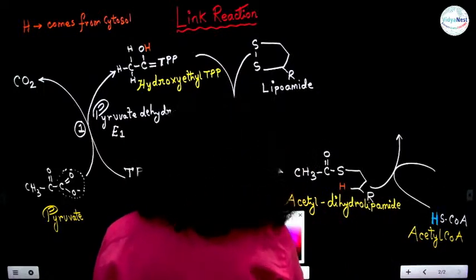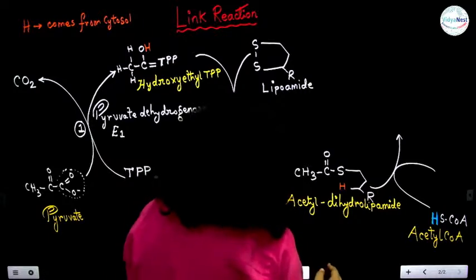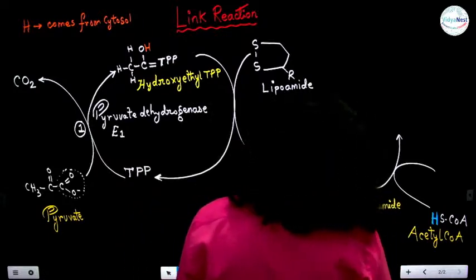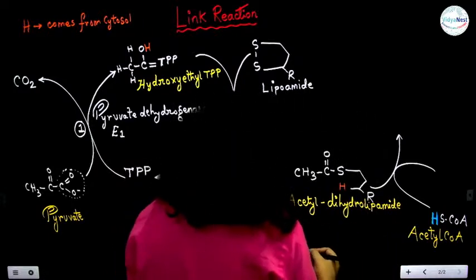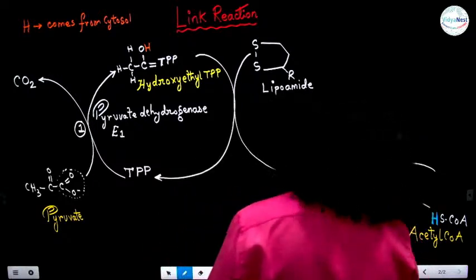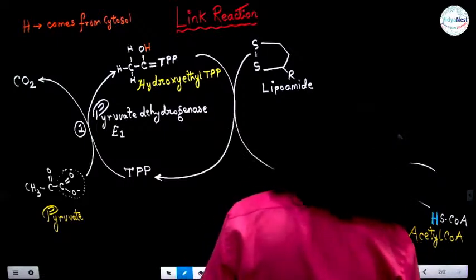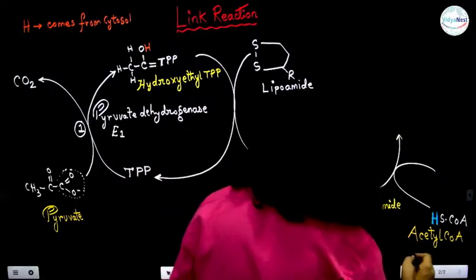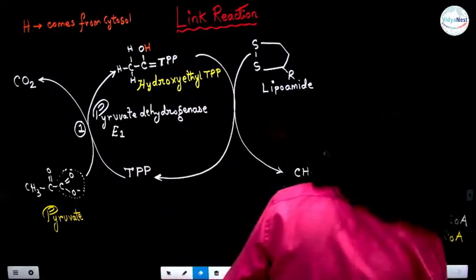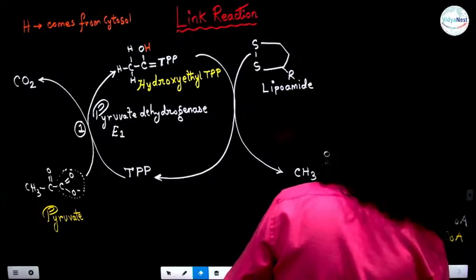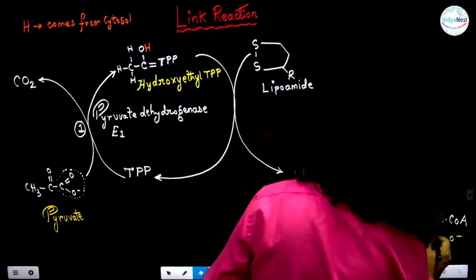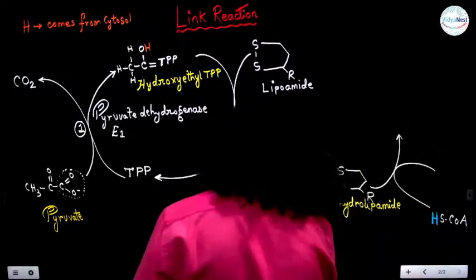And finally, this will react with this particular compound and get converted into acetyl. Sorry, this is not acetyl CoA, this is coenzyme A. So you just write down, this is coenzyme A.